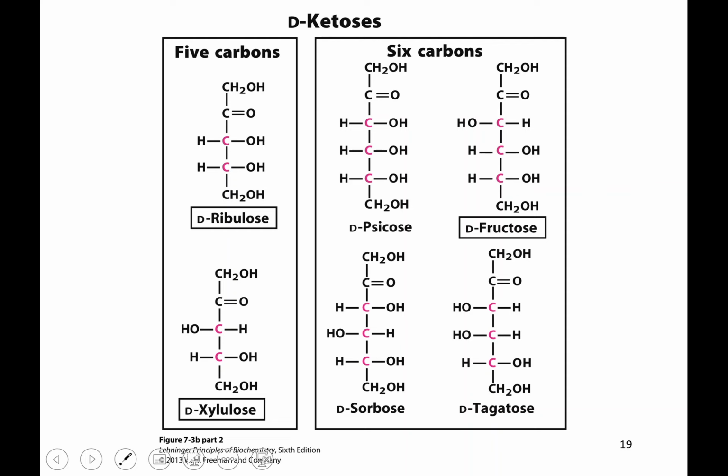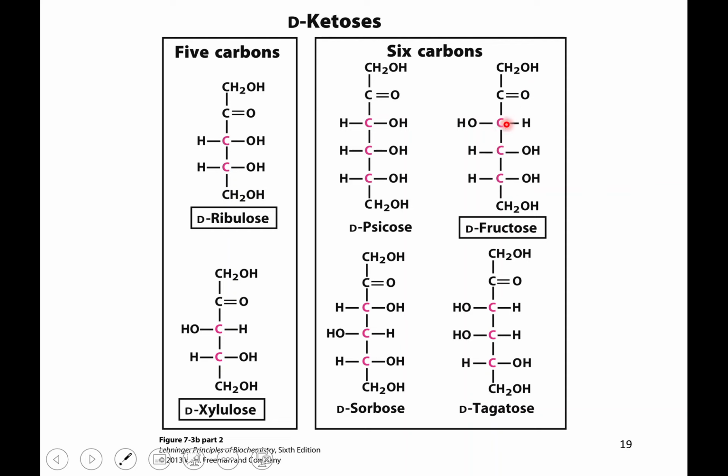Okay. 6 carbons, this contains one of the ones we'll need to know, and that's fructose. So fructose, again, is the ketose form of glucose. This is our carbon 1. This would normally be a carbonyl group in the aldose form for glucose, but now that carbonyl moves into what would be carbon 2, forming the ketone.